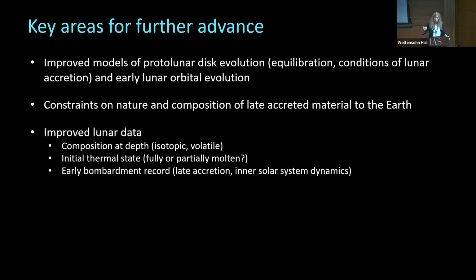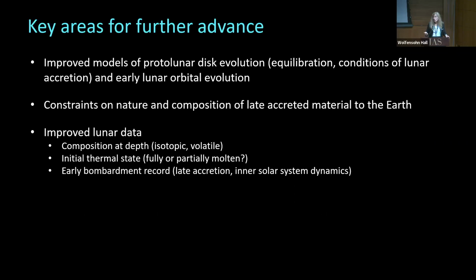The nature of the late material accreted onto the Earth after the moon-forming impact relates both to the isotopic discussion that I mentioned, but also to properties of the early lunar orbit. That's important too.